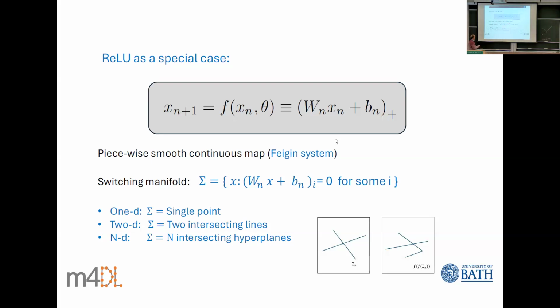And the switching manifold is basically any point where one of the terms inside here is 0. And it is actually quite nice. The structure, you can go off and look at it. In one dimension, it's just a point, as I've indicated here. In 2 dimensions, it's 2 intersecting lines. And in n dimensions, the discontinuity manifold of a ReLU is n intersecting hyperplanes. And we'll have a look at that in a minute. So nice structures. And then as that gets evolved forward, this manifold can get bent and twisted and so on, you can get really beautiful types of behavior.